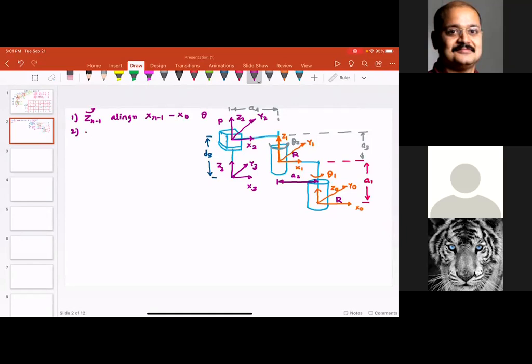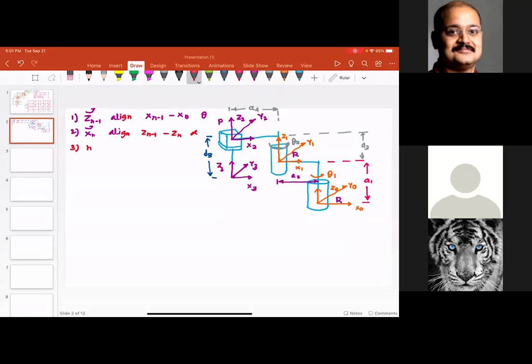Then rotation about Xn to align Zn minus 1 to Zn gives you rotation alpha.